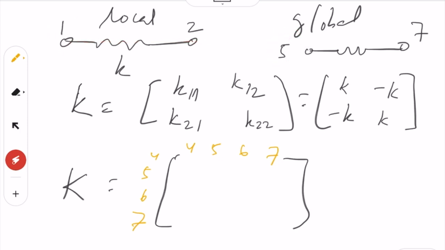1 is 5, right. So, in that case you write here 5, because 1 corresponds to 5. 2 local corresponds to global 7, you write 7 here, and here also 5, here also 7.